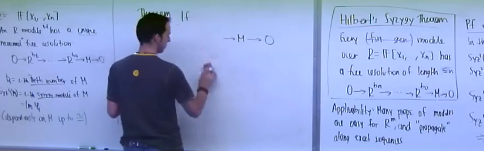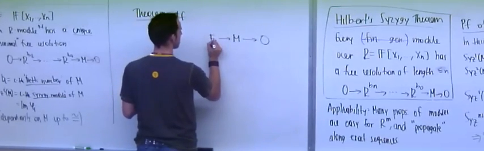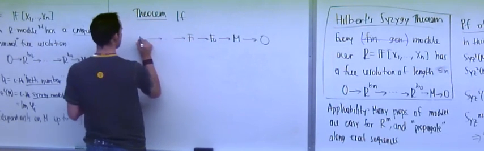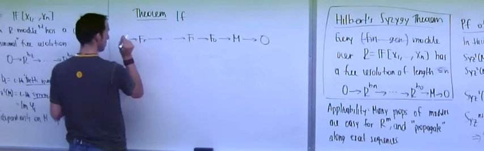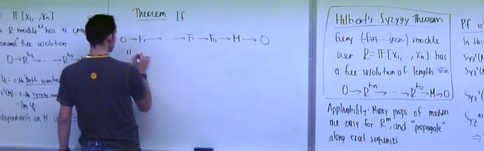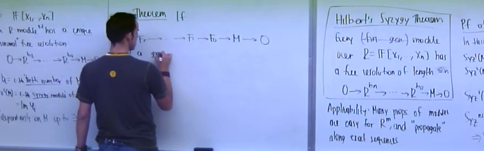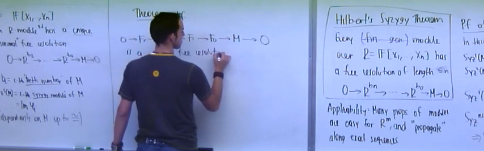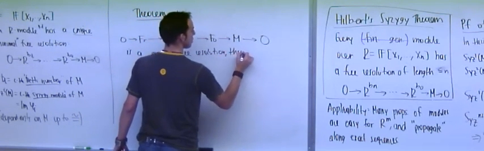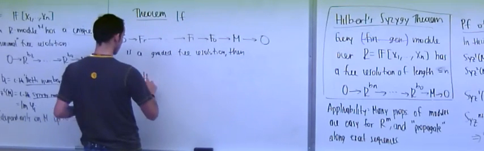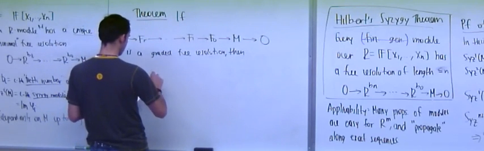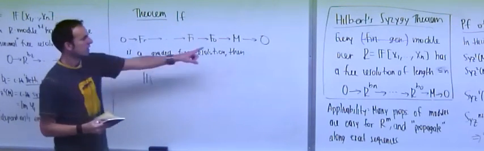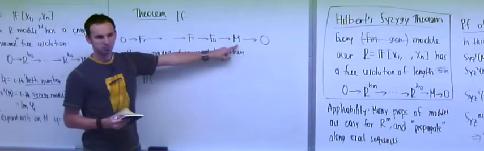into free modules, so I'm going to call it F0, F1, up to FR, 0. So if this is a graded free resolution, then you can get the Hilbert series of this guy immediately.